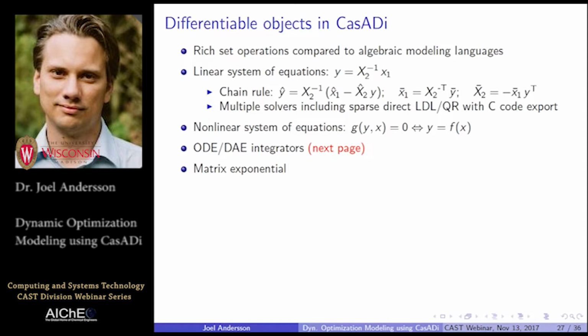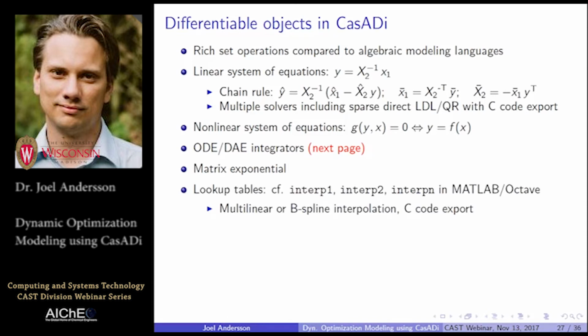We have ways of calculating and differentiating matrix exponentials. We can embed and differentiate lookup tables. It's a pretty recent addition to CasADi. If you have, for example, lift over drag calculations in an aerospace application or a steam table, you might be able to replace that with a lookup table, like interp1, interp2 in MATLAB/Octave, and these can be not only evaluated but differentiated analytically to second order.